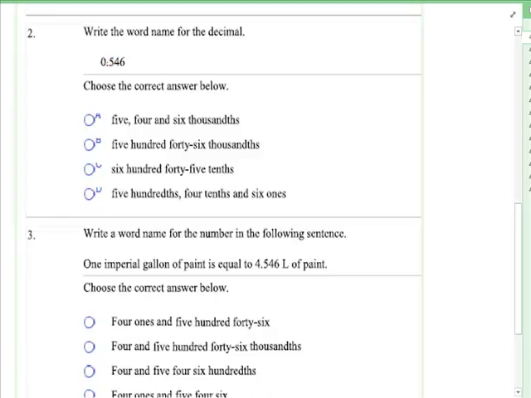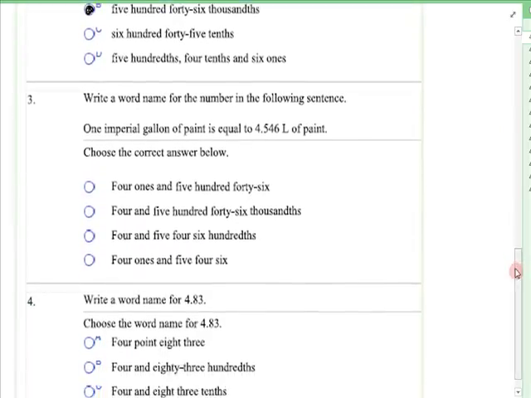This is the tenths, hundredths, thousandths, so it is 546 thousandths. 546 thousandths is choice B. Okay. Let's take a look at the next one.